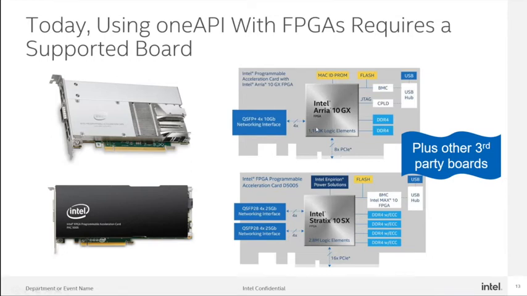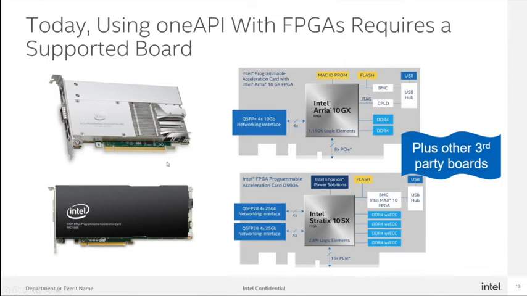And the board itself needs to have something called a BSP, which stands for Board Support Package, so that the FPGA will have the smarts to communicate back with the host through the PCIe, and to communicate with the DDR that's on the board, that you'll be targeting with your DPC++ code. So all of those smarts are built into the BSP, plus some software too for the host. There's a middle layer of software that's part of the BSP. So bottom line, it requires a certain system topology and a board that comes along with the BSP.